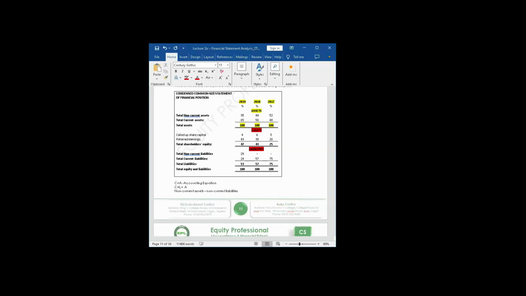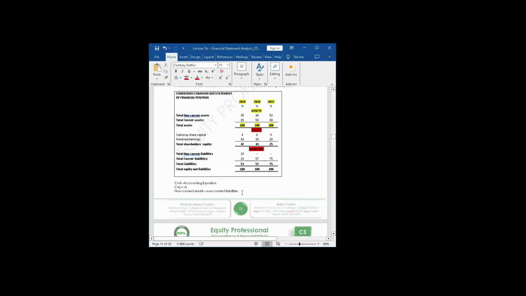The idea is that non-current assets are assets that you use over a long period of time. And when you are financing such, you should take long-term obligations that will give you enough time to repay.